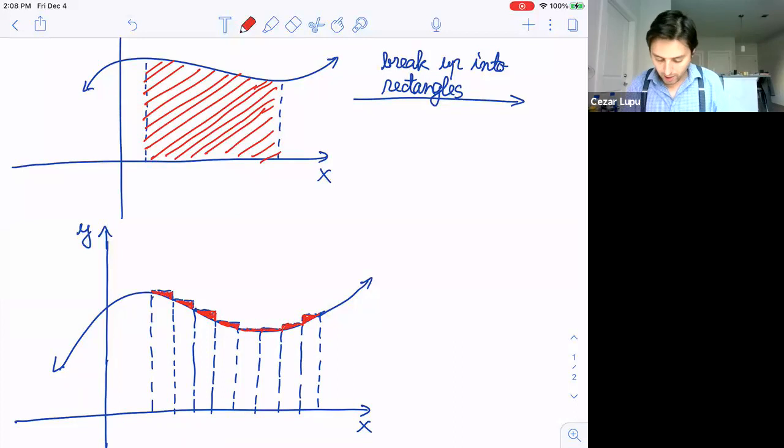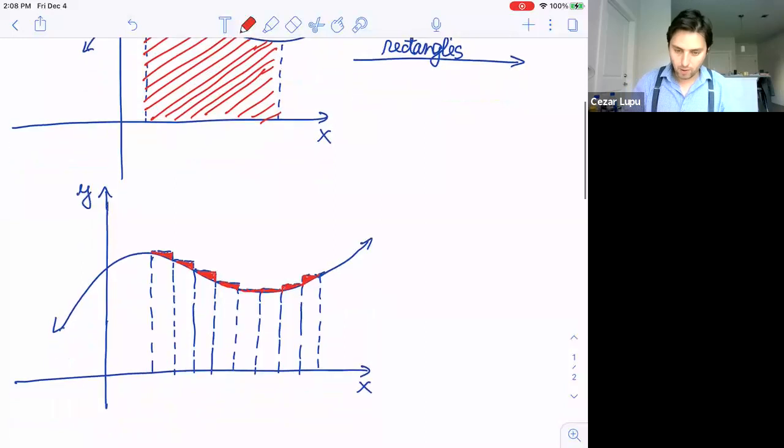Okay, that's great. In this case, if you look, we have how many rectangles? Let's suppose we have 1, 2, 3, 4, 5, 6, 7, 8 of them.